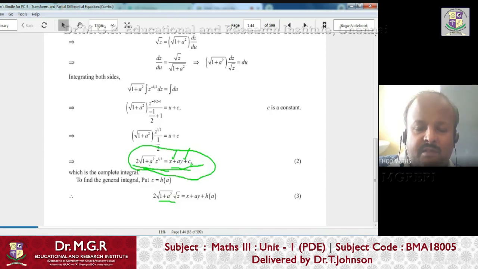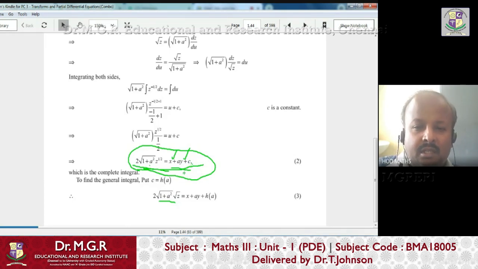According to the definition of the complete solution, if any equation contains the dependent variable and the relation between the dependent variable and the independent variable, it is called a solution. Moreover, it is called a complete solution if the number of arbitrary constants in that solution equals the number of independent variables.